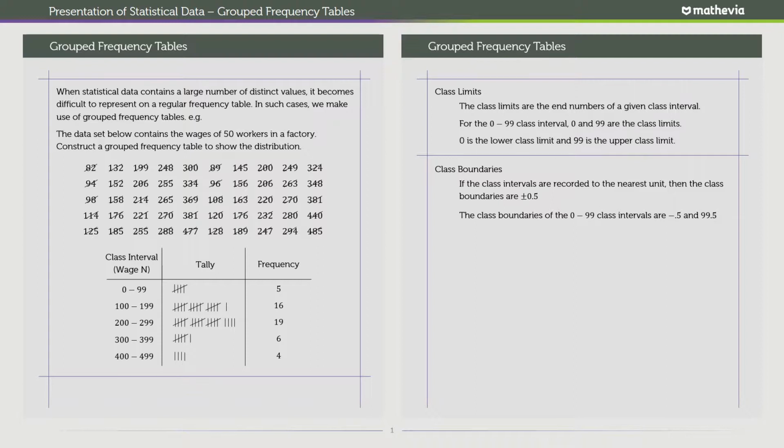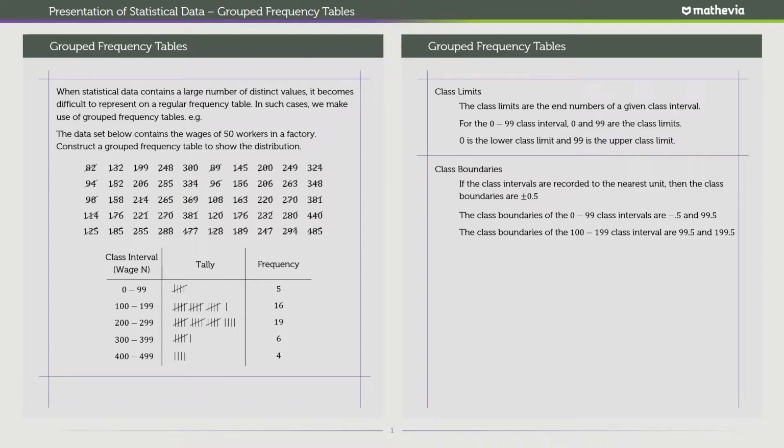Now for the first class, the lower class boundary is not relevant. But for example, if you're doing the second class, the class boundaries for 100 to 199 will now be 99.5 to 199.5. If you notice, the upper class boundary of your first class is the same as the lower class boundary of your second class.